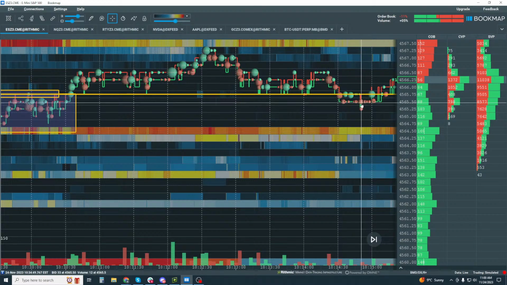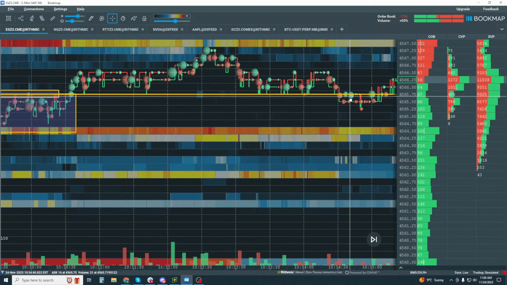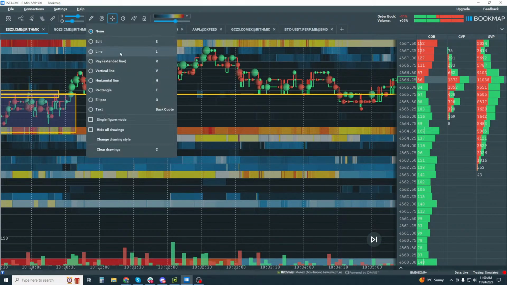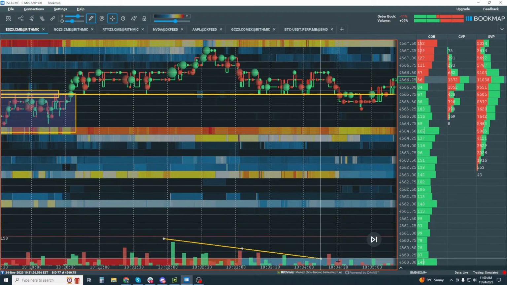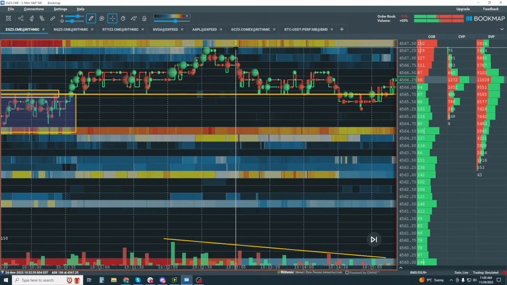Yeah, because there's not a whole lot. In fact, this is what we call a low volume pullback. Okay, and you can see it here, also in the volume bars.